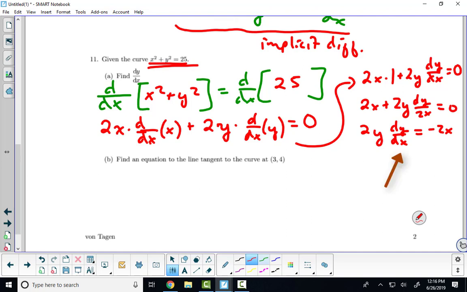Angelo, what am I going to do to solve for dy/dx? Move 2y to the negative 2x side. Yeah, exactly. Let's divide that 2y over. And that gives us dy/dx equals negative 2x over 2y, or dy/dx equals negative x over y.